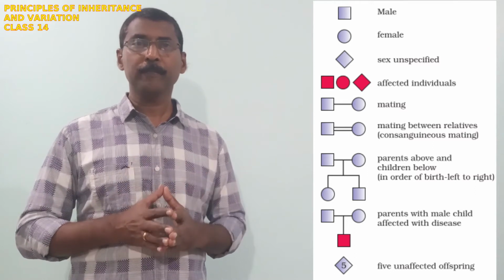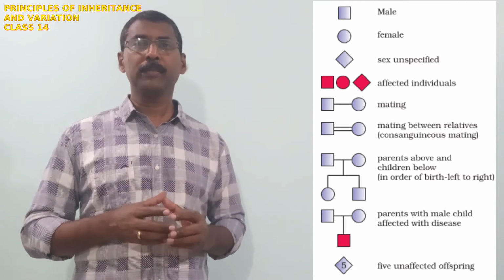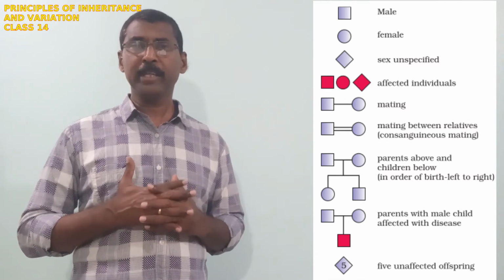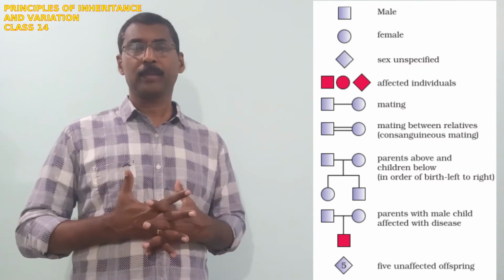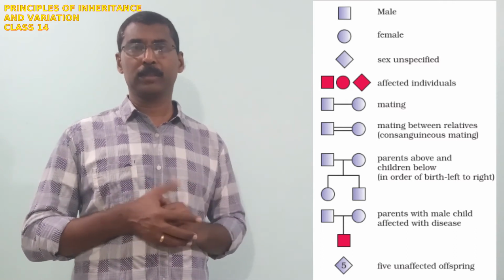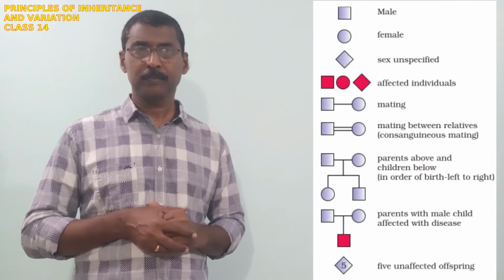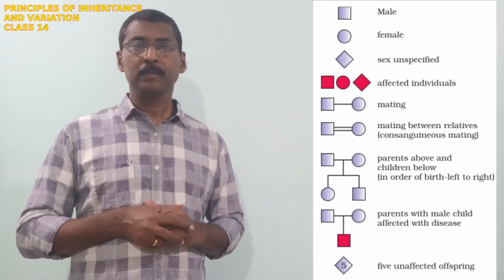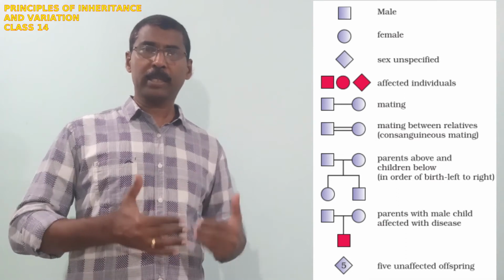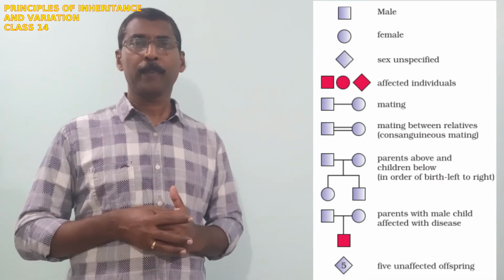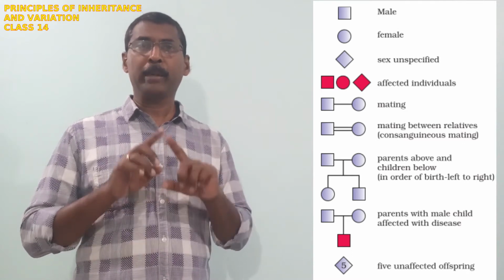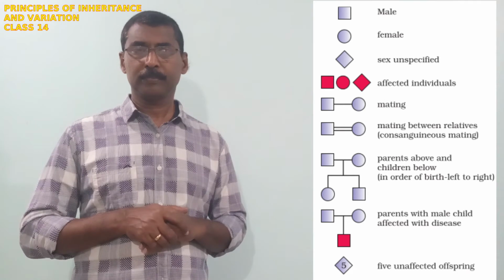Consanguineous marriage means marriage between relatives, between blood relatives. Then children, or the next generation, are represented by drawing a vertical line from the marriage line.